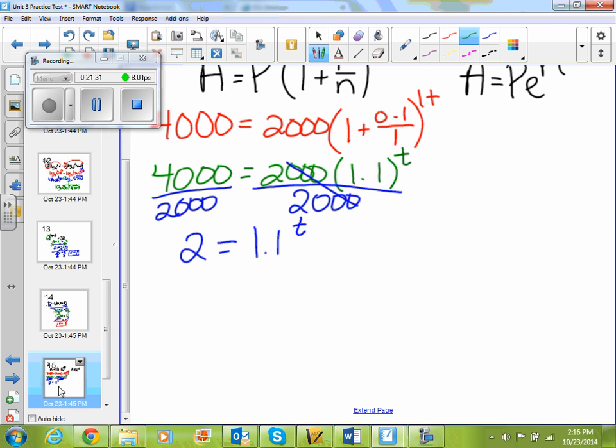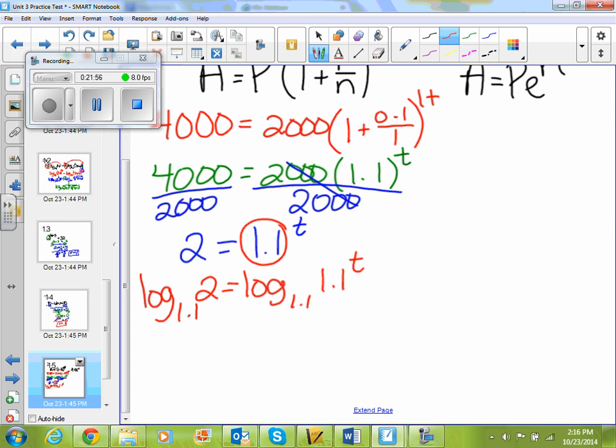And then how did we determine that we were going to get rid of a base of 1.1? We have to take the log of that base. So log of 1.1 of 1.1 to the t in order to get those to cancel. So we'll do the same thing on this side, log of 1.1 to the 2. Whenever you're trying to get rid of a base, you just take a log of that.